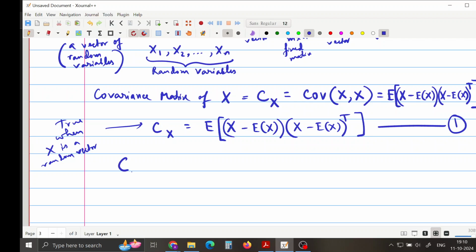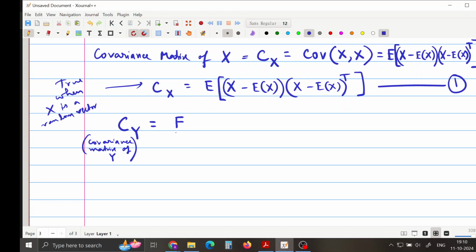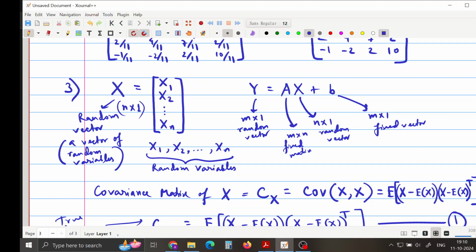So Cy, what is Cy? The covariance matrix of the random vector y. We have already seen the definition of the covariance matrix. But maybe before that, I'll do one more thing. I have y equals ax plus b.